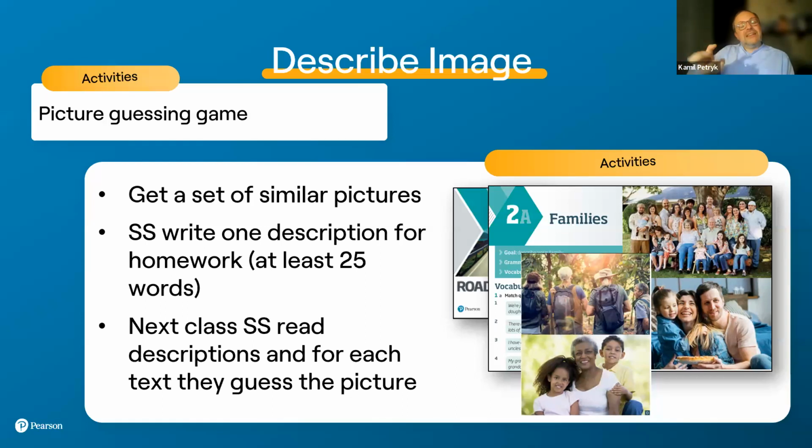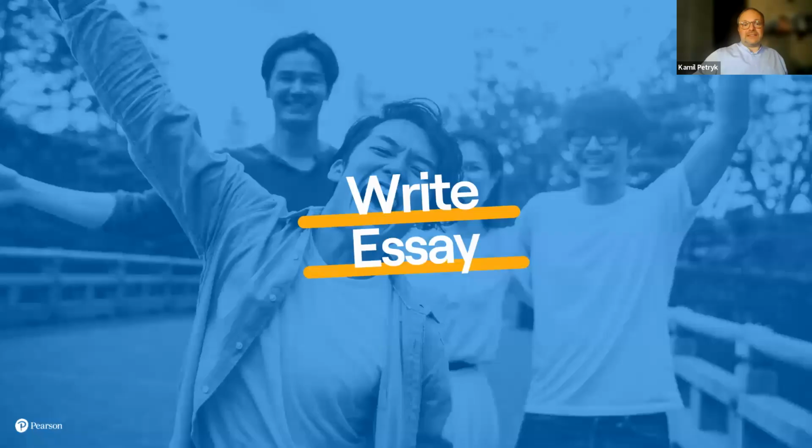That's why you need a set of similar pictures with just a few maybe details that are different, because this is supposed to be a guessing game, and again, they have some extra motivation to produce text, to write, to compete. So that would be a good idea to produce a few texts here.